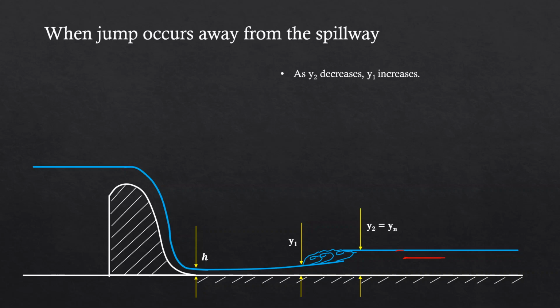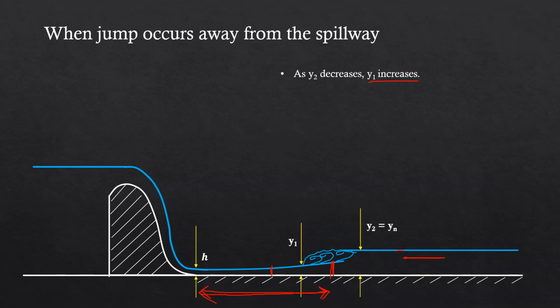From the formula we can verify that. If y1 increases, that means the length of the profile will have to increase. If we require a small y1, then the jump will form here. If we require a bigger y1, then the jump will form around here. That is, the GVF profile length will increase to reach the required y1.